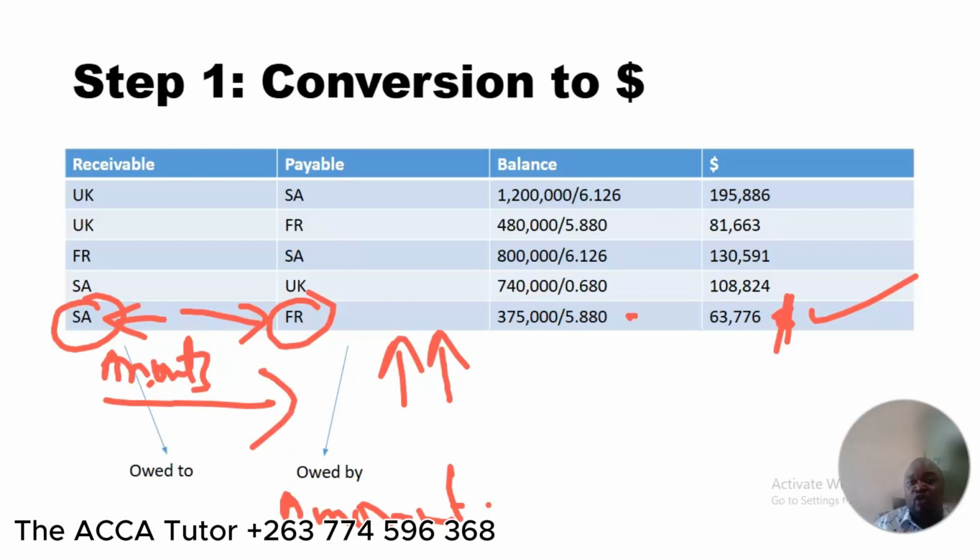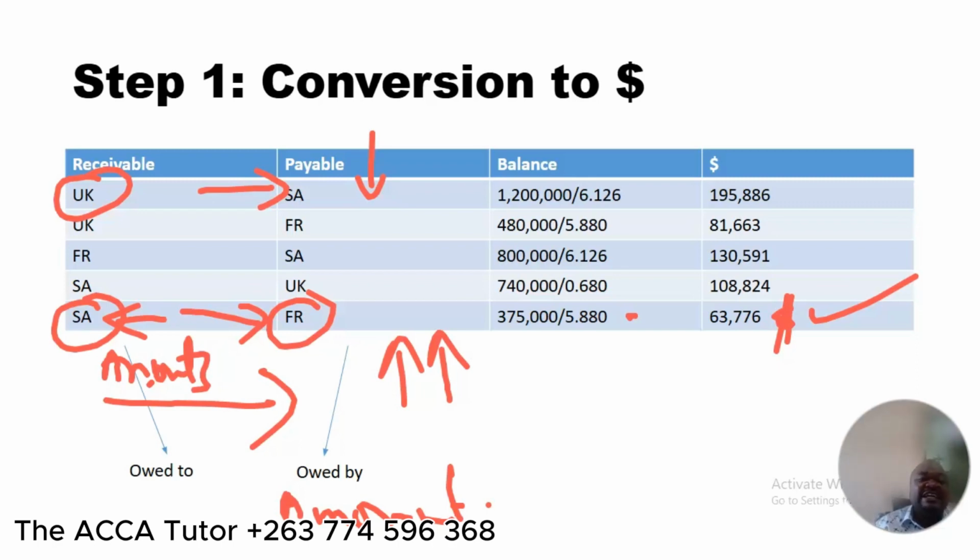That's the trick. When you see a receivable, it means that what I find for the UK company are amounts which are owed to this particular UK company by the South African company, which is in the payables section.